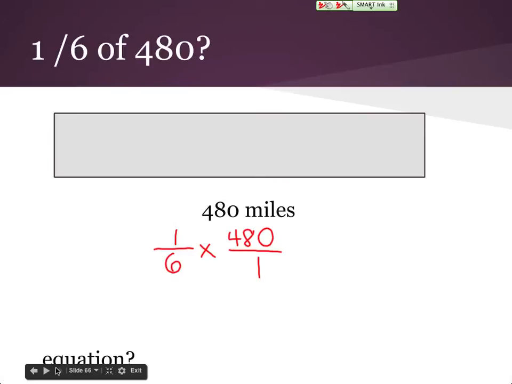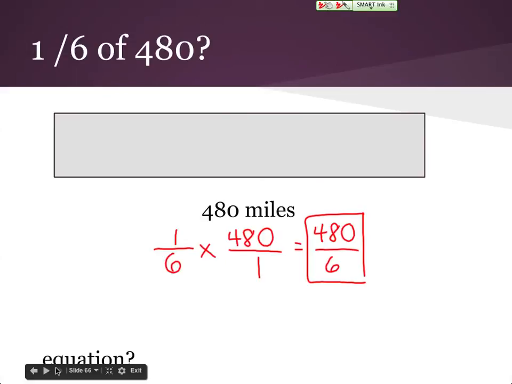So, when we're multiplying fractions, we multiply the top, which is 480. We multiply the bottom, which is 6. This is my answer. But I have to reduce it. What will go into 480 and 6? Lily? 2. Yes, something bigger? Noah?